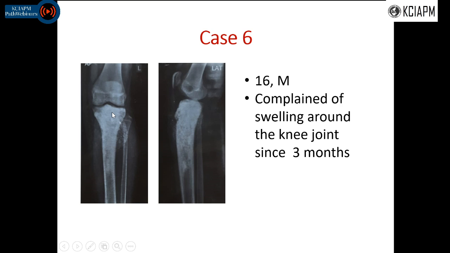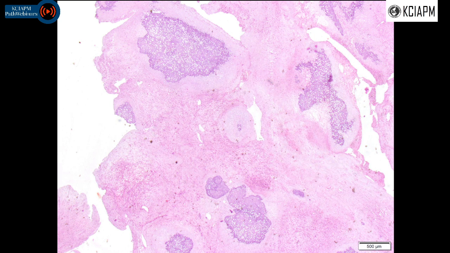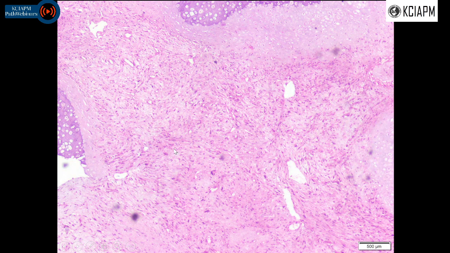And what we see here are lobules of neoplasm which show calcification, and you have lighter stained areas which on higher power show that there is chondroid differentiation. There is a fibroblastic component.